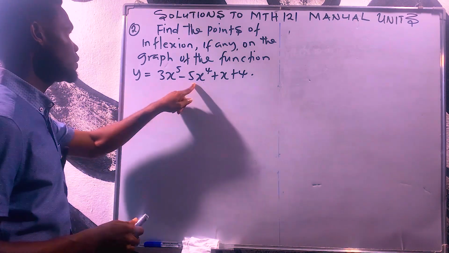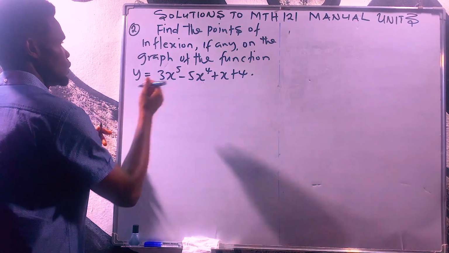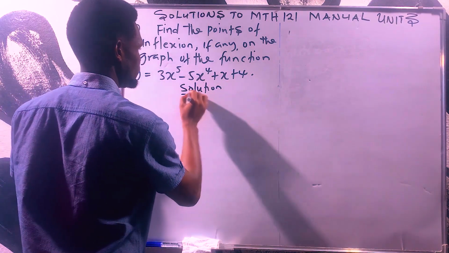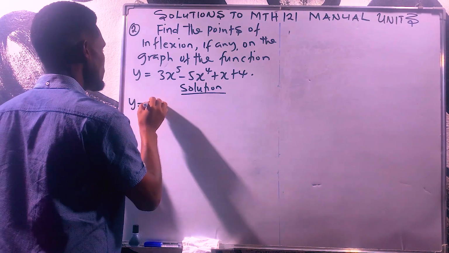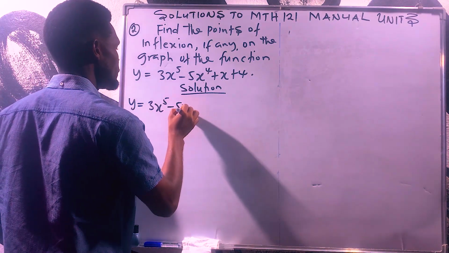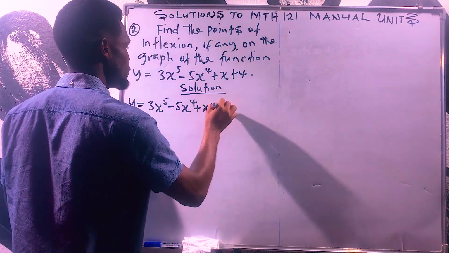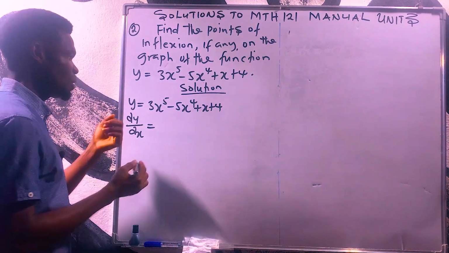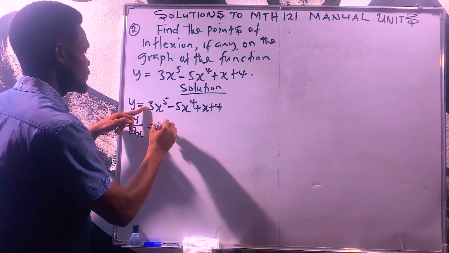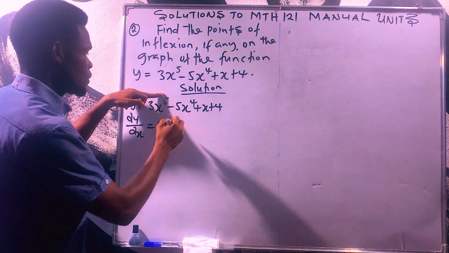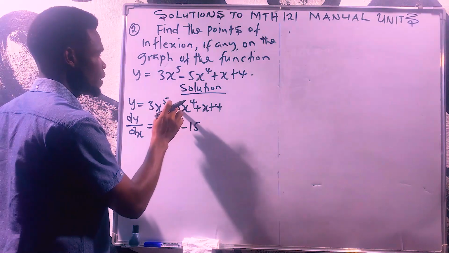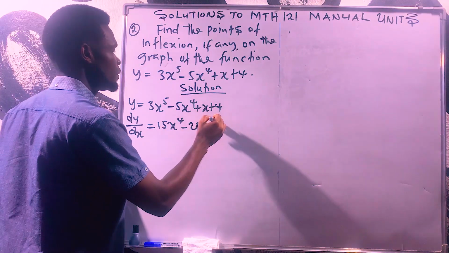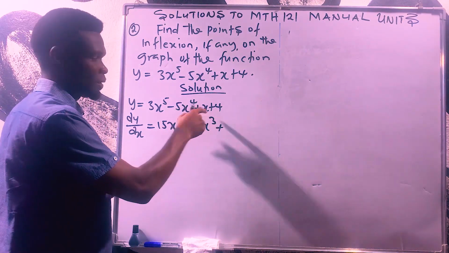Step 1, differentiate the function 2 times. So we have the function y equals 3x raised to the power of 5 minus 5x raised to the power of 4 plus x plus 4. dy over dx is equal to, now you know how to differentiate, 5 times 3, 15, x raised to the power 5 minus 1, 4, minus 4 times 5 is 20, x raised to the power 4 minus 1, 3, plus the derivative of x is 1.